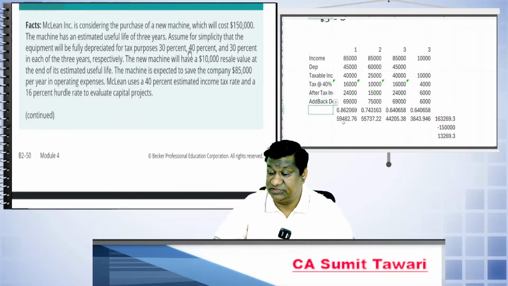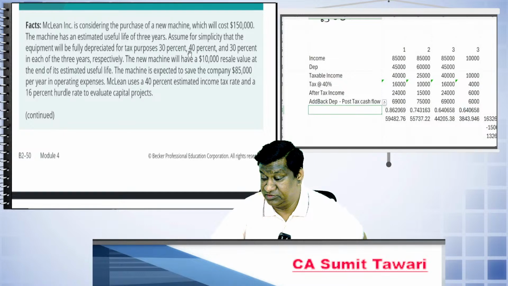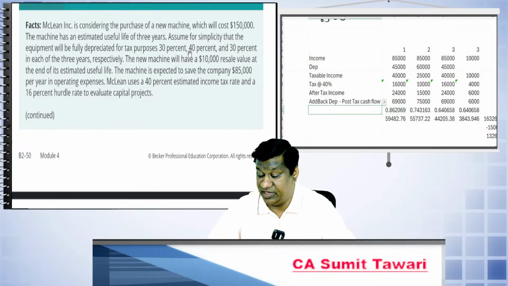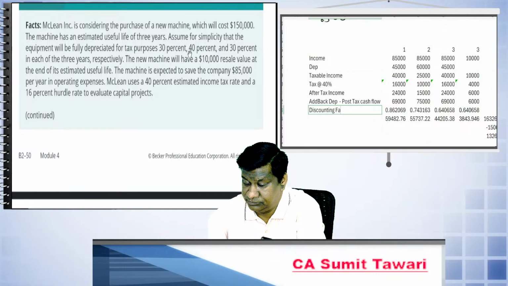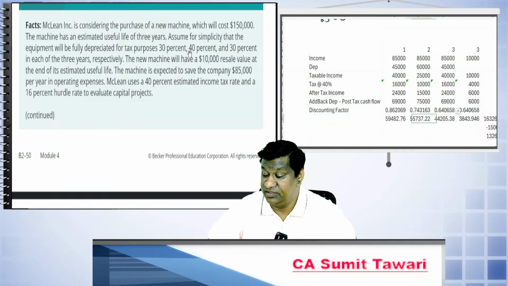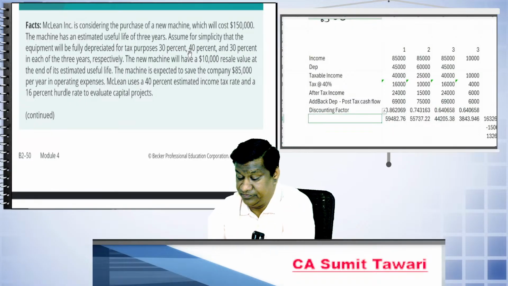So basically what happened here, I need to directly add back the depreciation, 24,000 plus 40,000. So it is after add back depreciation, post tax cash flow, and then the discounting factor at 16%, and this is the discounted cash flow.